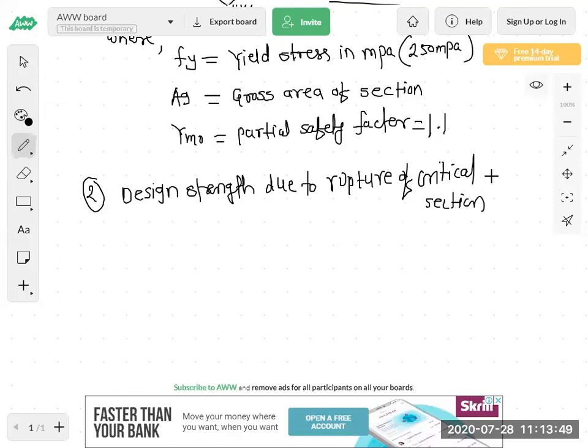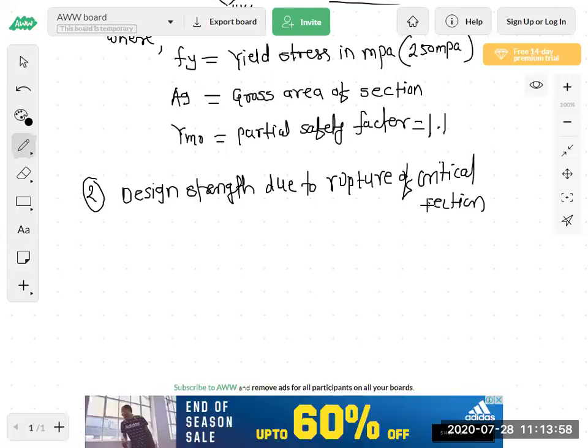Why is it written here as critical section? Because for the bolted connection, we are making holes in the section. Like this, we are making the holes and providing the bolts. So what is rupture here?